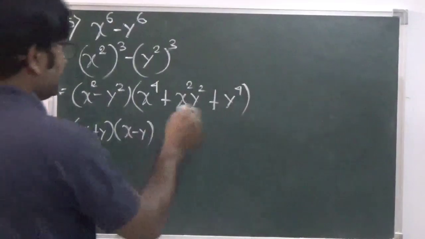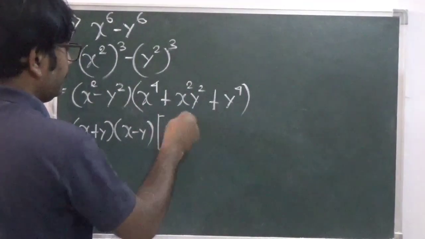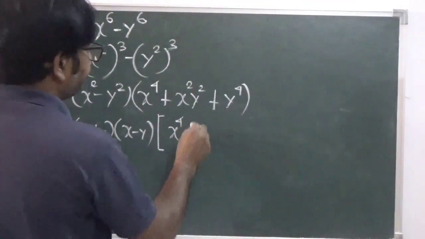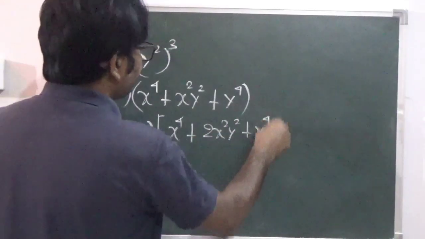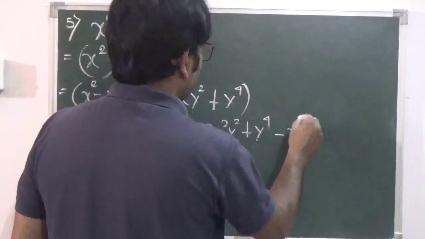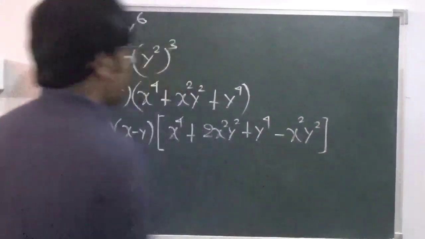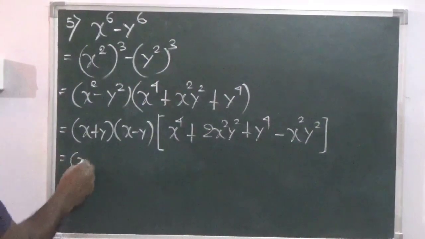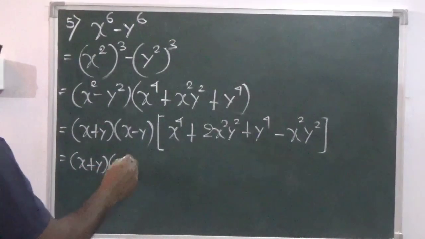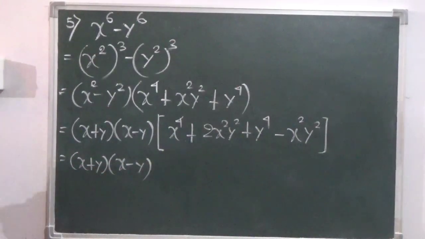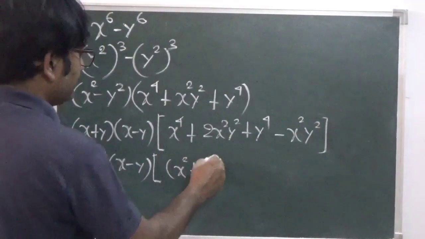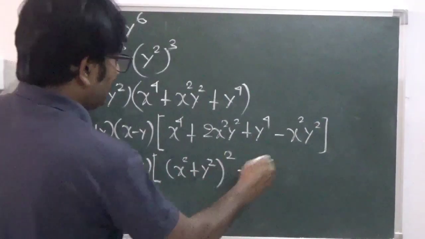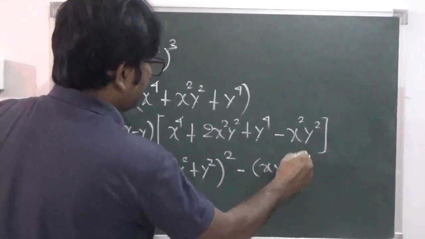x minus y. Let us express this as a complete square: plus 2x square y square, and this we can write minus of x square y square. So it is x plus y into x minus y, and this we can write as x square plus y square whole square minus xy whole square.